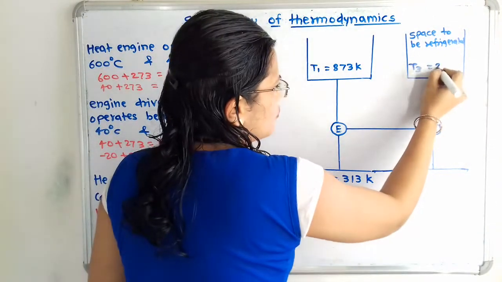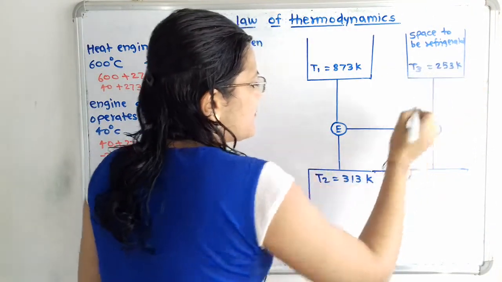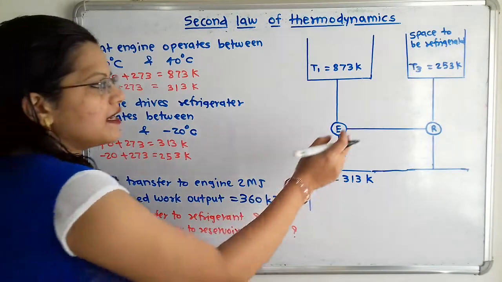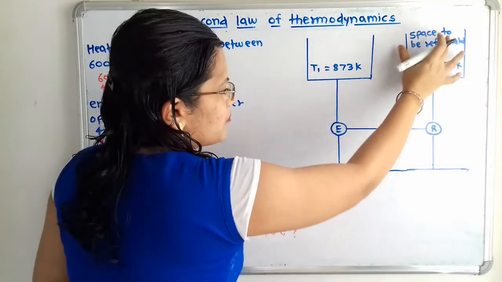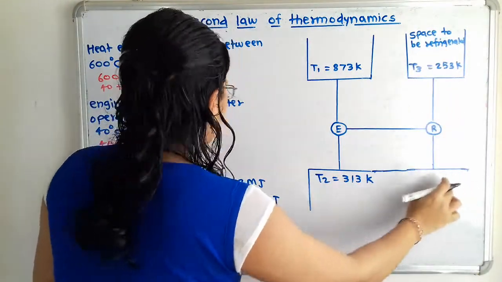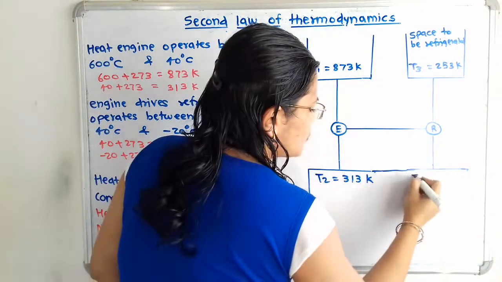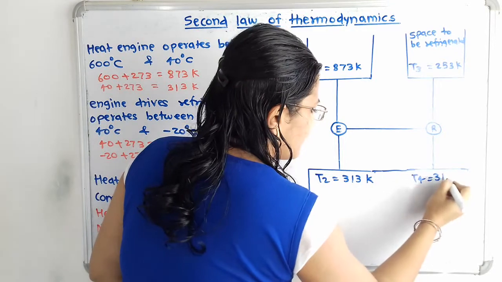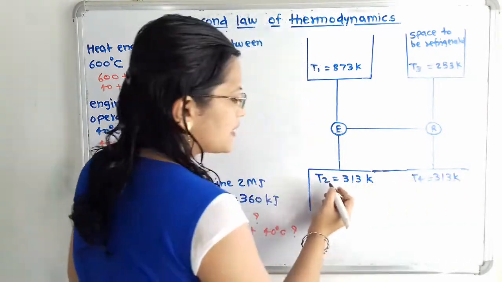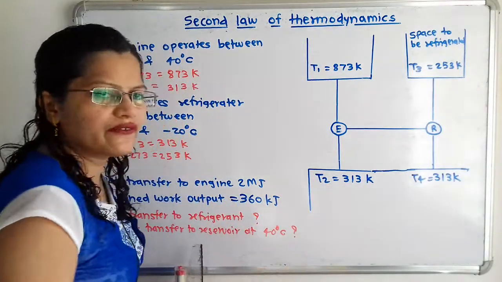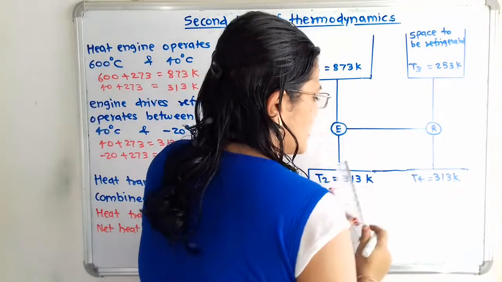So T3 is equal to 253 Kelvin. And the heat is extracted from this space and rejected to the atmosphere at 40 degrees Celsius. So next I will use T4 is equal to 313 Kelvin. So from this we can say that T2 is equal to T4 is equal to 313 Kelvin.